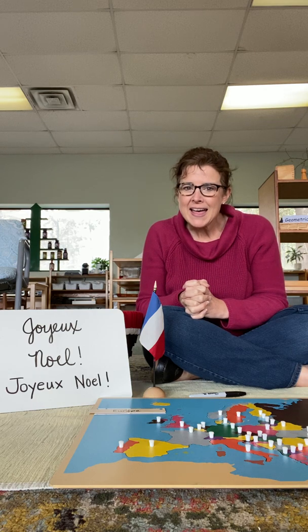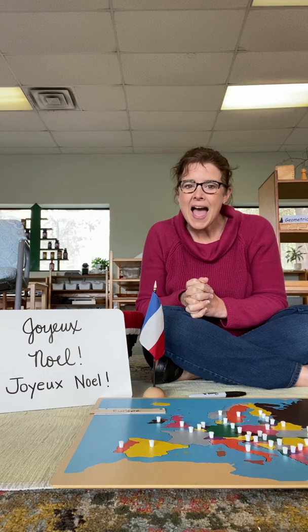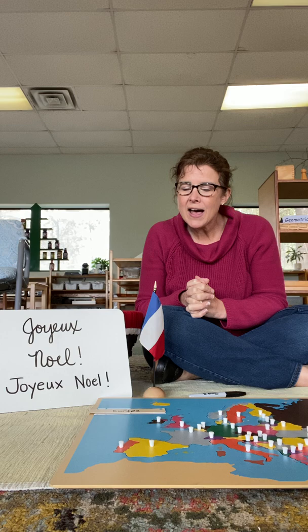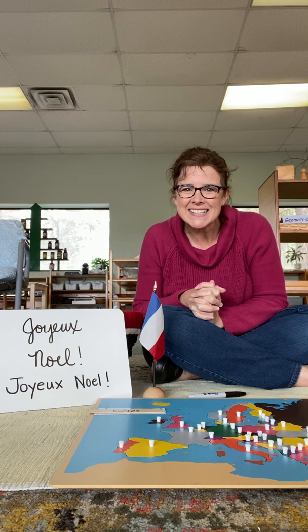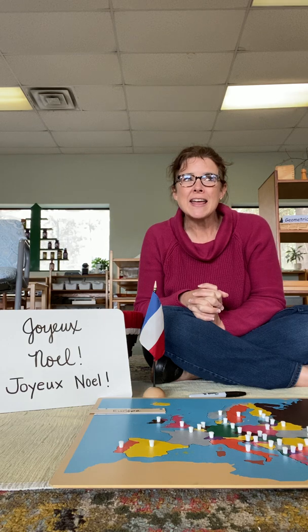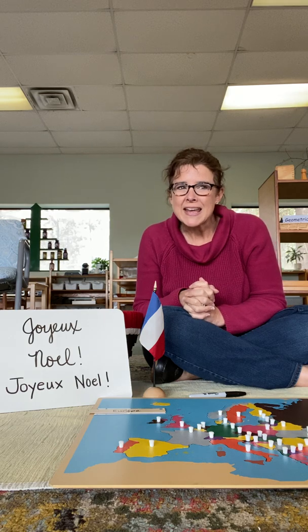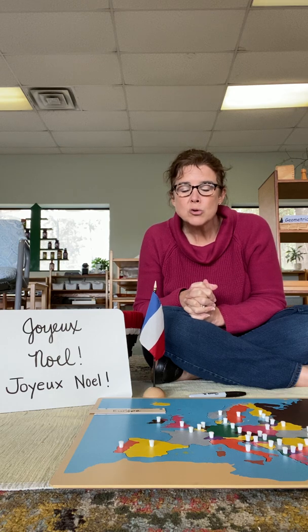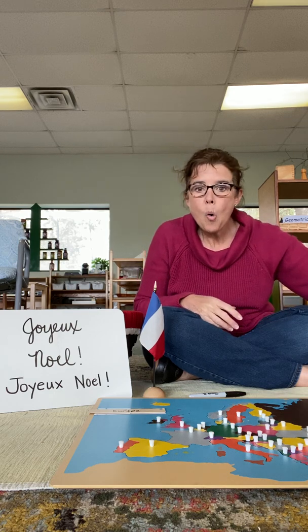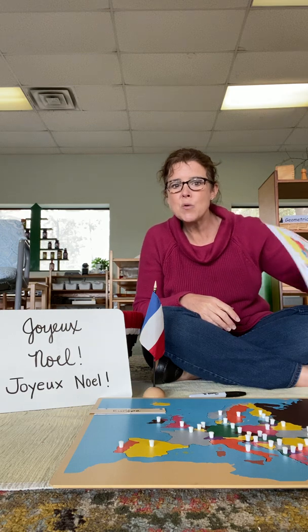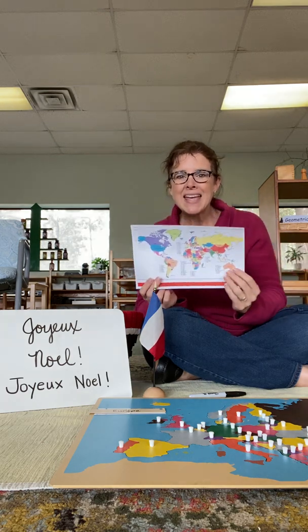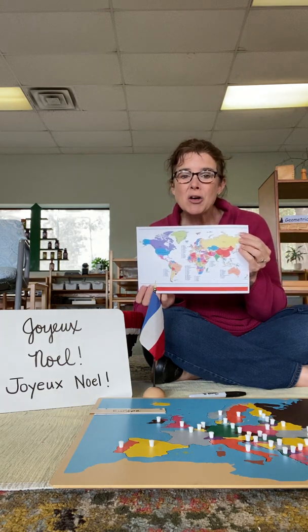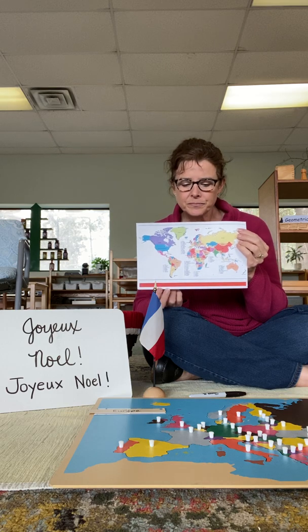North America, South America, Africa, Europe, Asia, Australia, and Antarctica. We're starting off our journey in Europe. So if you go to your globe or to your map, you have a map in your folder from school.